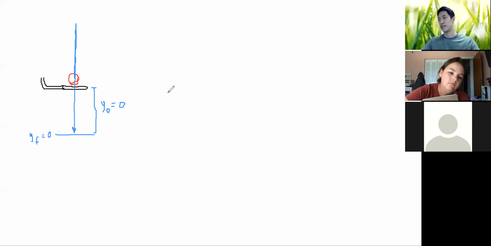Now let's read what A says. A says, from the moment in time which the ball was released to the moment in time which the ball reaches its highest point. So it means from here all the way to here.